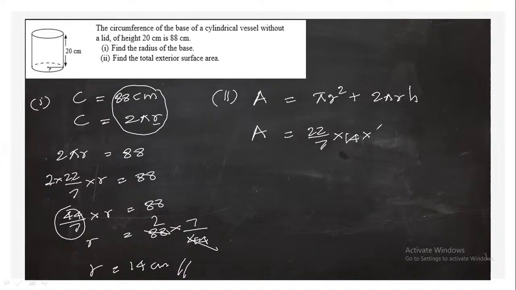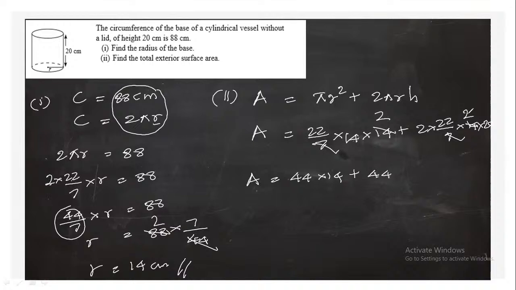Total surface area, 22 over 7 into radius is how much? 14 into 14 plus 2 into 22 over 7 into 14 into h, which is how much here? 20. Right. Now cancel. Then total surface area is 44 into 14 plus, cancel out here also 2, then 44, 2 into 22, 44, 2 into 20 here, 40.